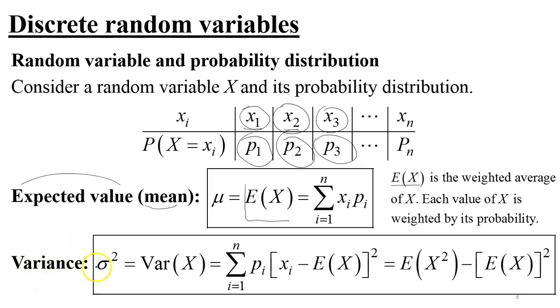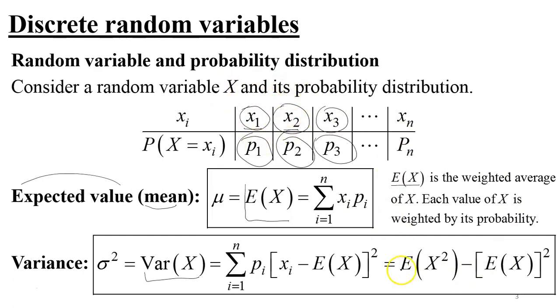Now, for the variance, you'll notice that the formula is similar to the one you use in statistics for statistical variables. The variance of x is the sum of the probability multiplying the value of the random variable minus the average, all squared. Or you could use the other formula, which is the average of the square of the values minus the square of the average of the random variable.